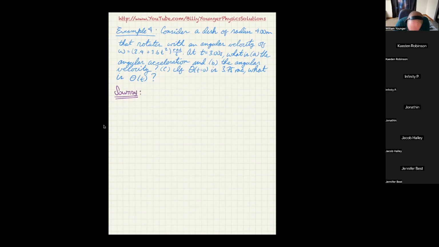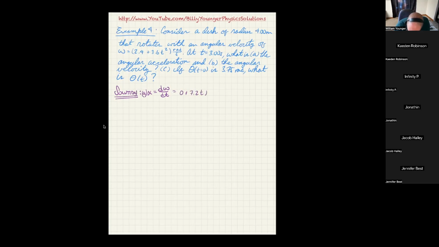Okay, so what we know is, for starters, we know that alpha is equal to d omega over dt, and alpha is our angular acceleration, which is what we want to know in part A. So I'll do that. So d omega over dt, notice the derivative of 2.4 radians per second with respect to time is 0. But the derivative of 3.6 t squared would be 7.2 t.